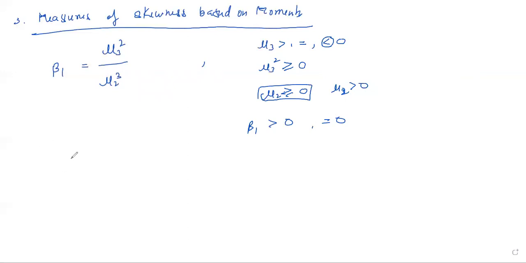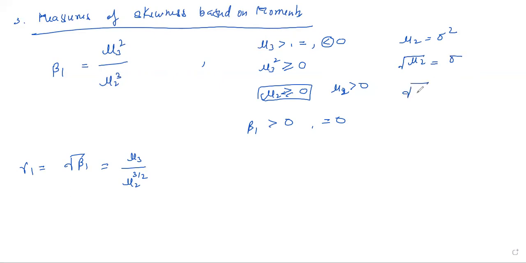So we take a square root of this beta 1 and we denote it as gamma. And this is nothing but mu3 upon mu2 to the power 3 by 2. We denote mu2 as sigma squared. So when we write root mu2, it means sigma.